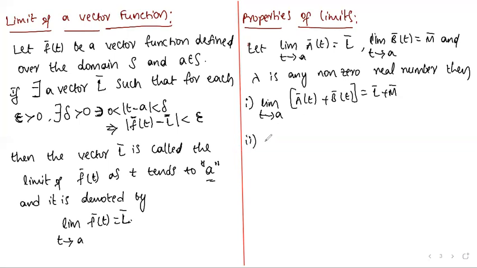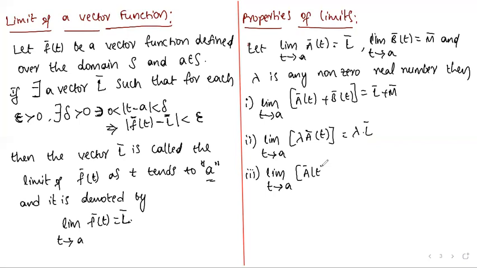And the second property: limit t tends to a, lambda into a bar of t, lambda is some parameter, that is equal to lambda into L bar. And the third: limit t tends to a, a bar of t dot b bar of t, that is equal to L bar dot m bar.